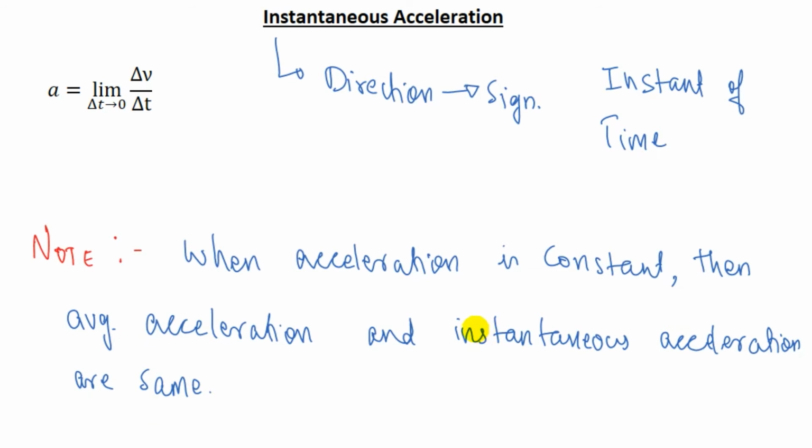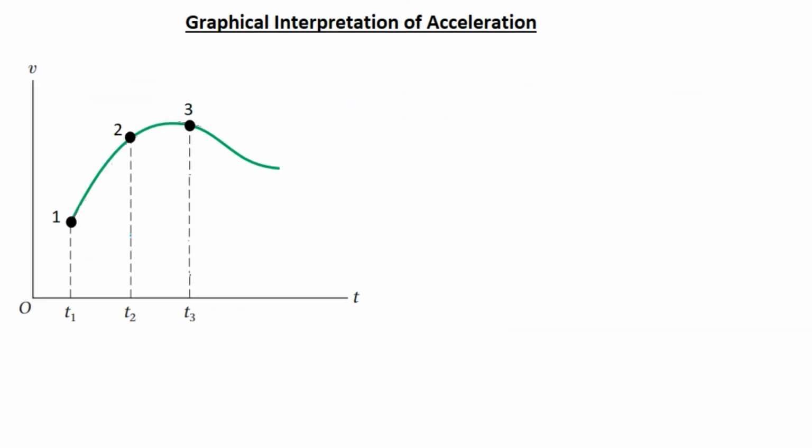Now next we can discuss the graphical interpretation of acceleration. So consider this VT graph and let's try to find out the average acceleration for the time interval t1 to t2. Now for that let us join these 2 points with a straight line.